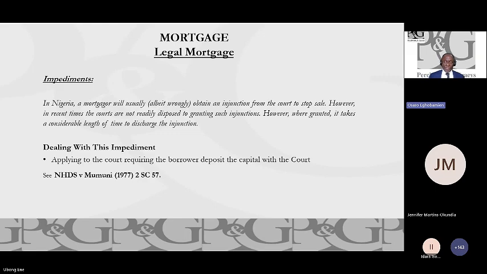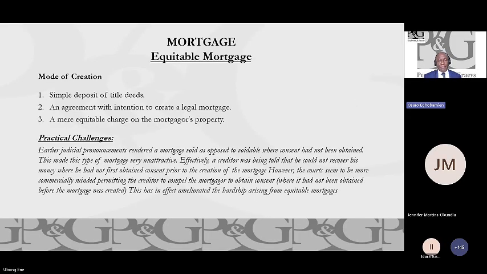I think AMCON has taken a lead around here because AMCON, as you know, is funded partly by the World Bank. We did some of that work, and its documentation is standardized, which will enable it to package those loans when they get to a certain level and then connect it with the capital markets. So I think it's important that that impediment is dealt with.